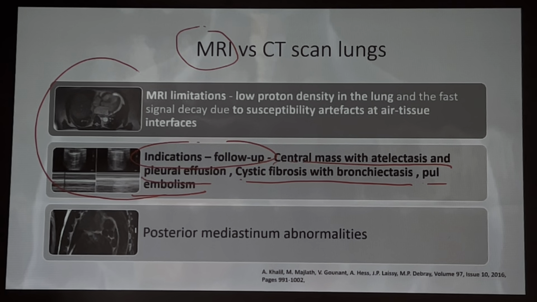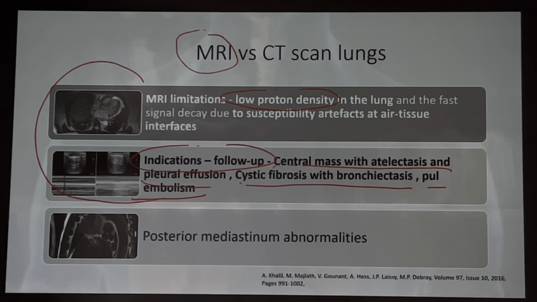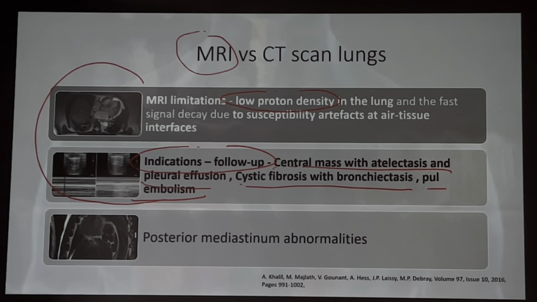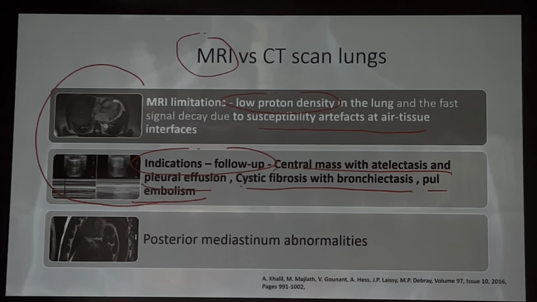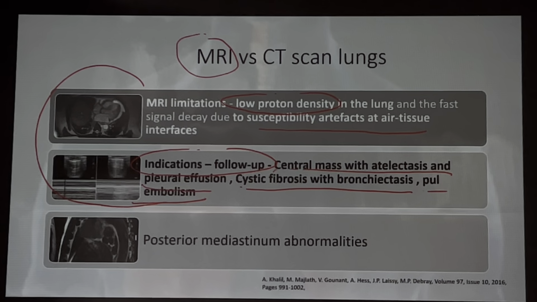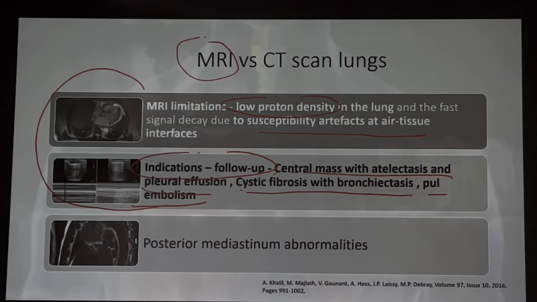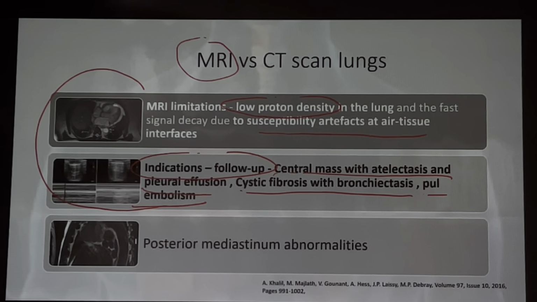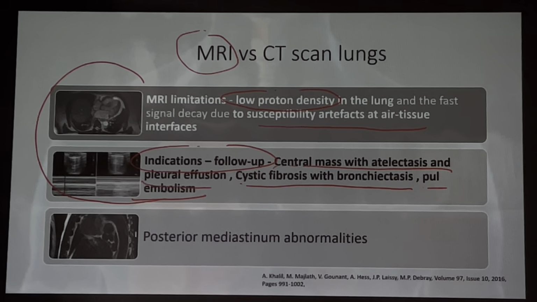The major problem is that it is a low proton density, especially in the lung, right? And it is susceptible to artifact because of the air tissue interfaces. Though there are many algorithms, a simple MRI lung takes 1.5 to 2 hours. So who has got time for that much sedation, giving sedation to the pediatric age group? So that is a major limitation in MRI.